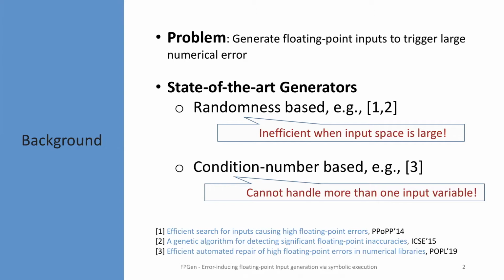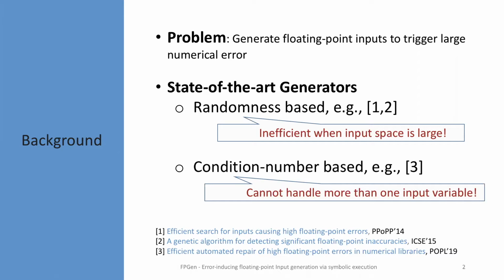Knowing what inputs will trigger a high error in your program is important. This leads to the problem we try to solve in this work: to generate floating point inputs to trigger large numerical error.